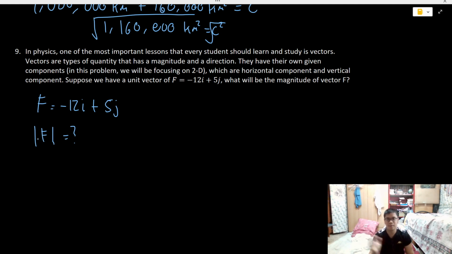Do you guys have any idea what a vector is? It is stated there what a vector is by definition, but any idea about it, at least? It's already shown here that vectors are types of quantity that have a magnitude and a direction.